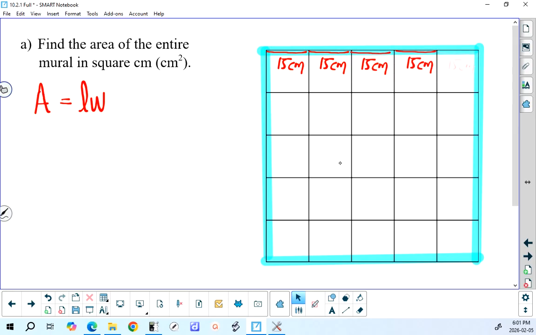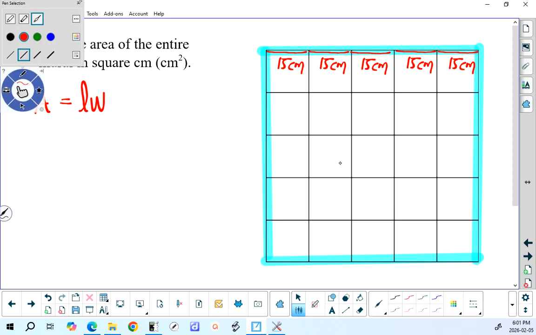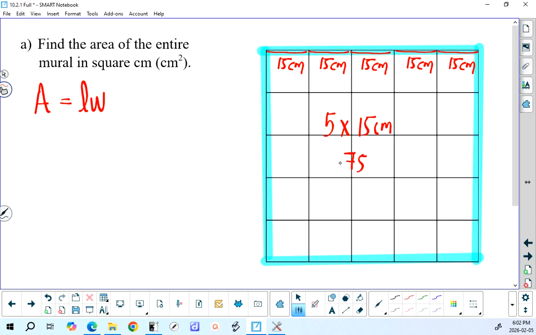And so is this. So if I take 5 times 15 centimeters, I will get how wide this mural is. And I'm just writing this here because I have space to do so. So 5 times 15 centimeters gives me, and you can check it on your calculator, 75 centimeters, which means that this distance across the top is 75 centimeters.